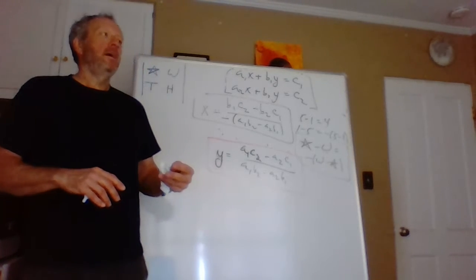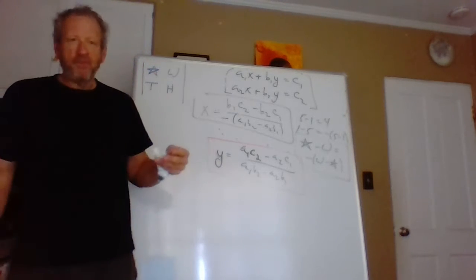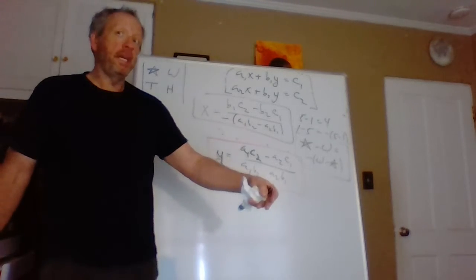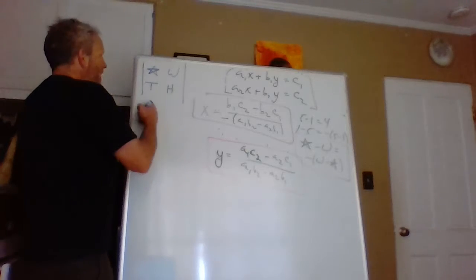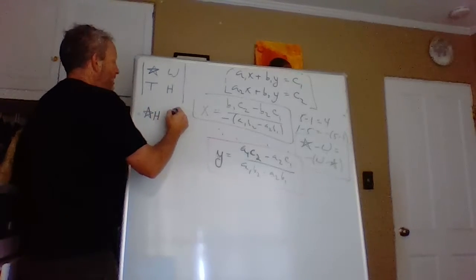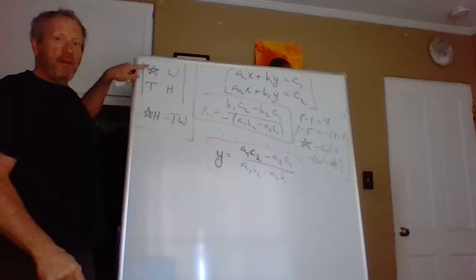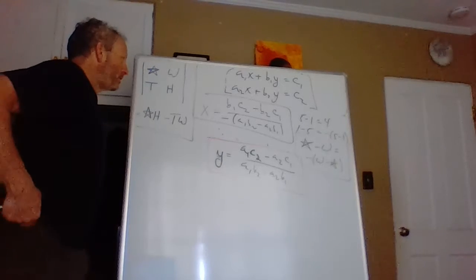Because. What is a field goal worth in football? 3. Why? Because it's a rule of the game. That is the reason why. So we declare that the determinant is star times H minus T times W. This right here is the definition of the determinant of a 2 by 2 matrix.